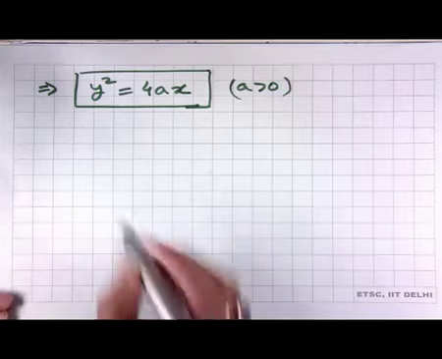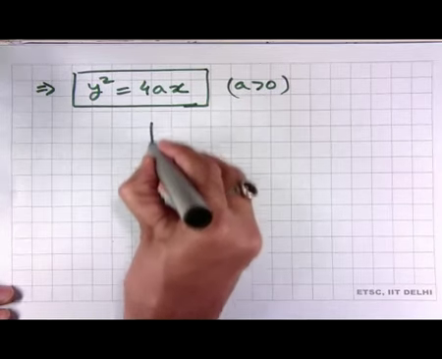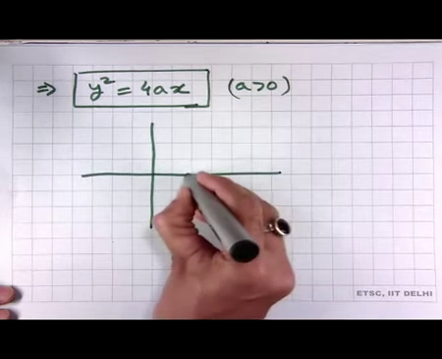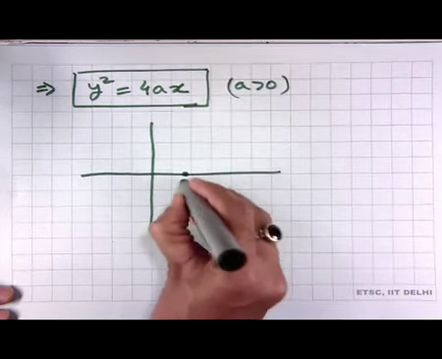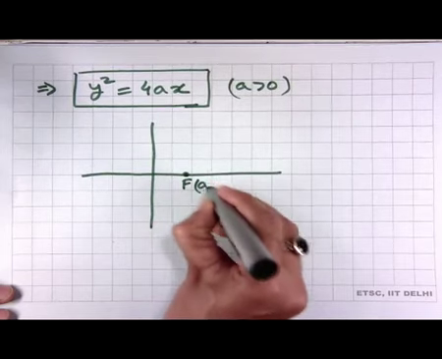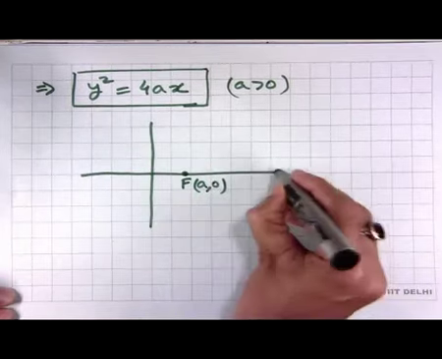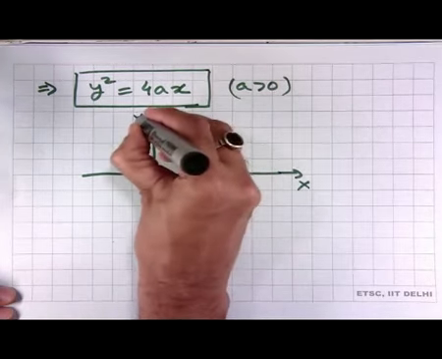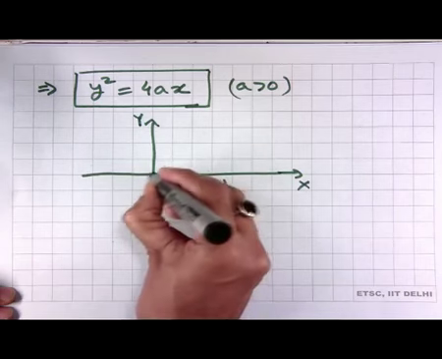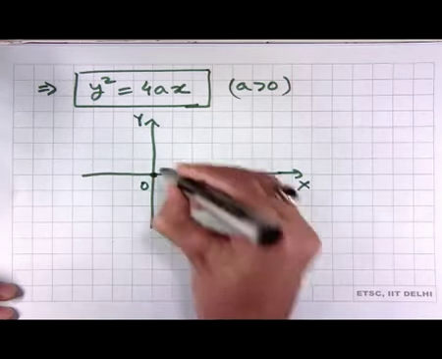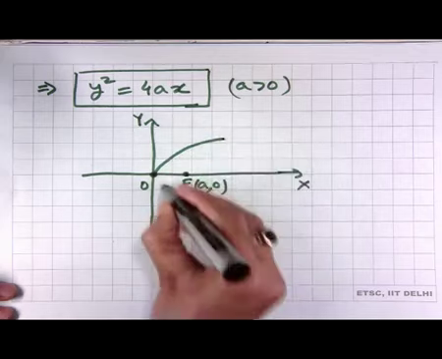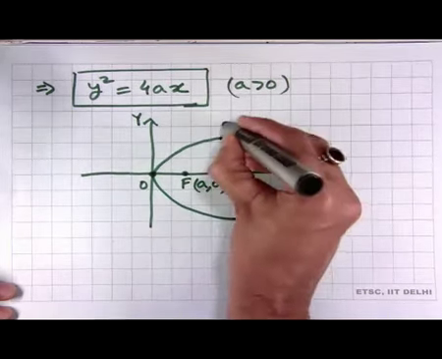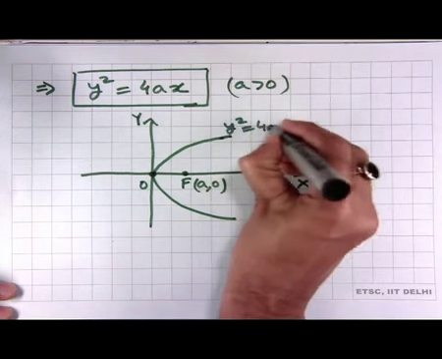So, this is the equation for the parabola whose focus is on the positive x axis and vertex is at the origin. So, this is the equation y square equal to 4 a x.